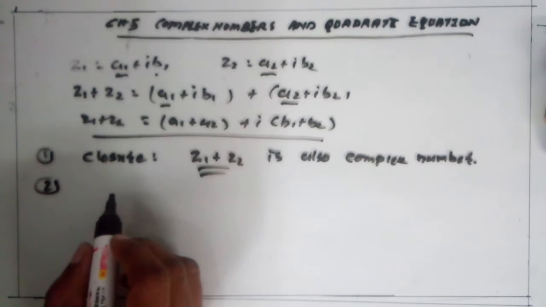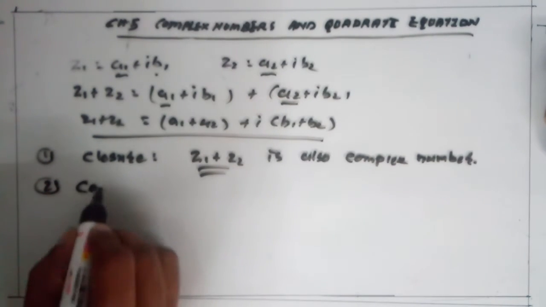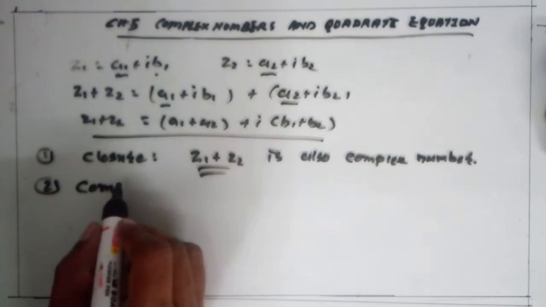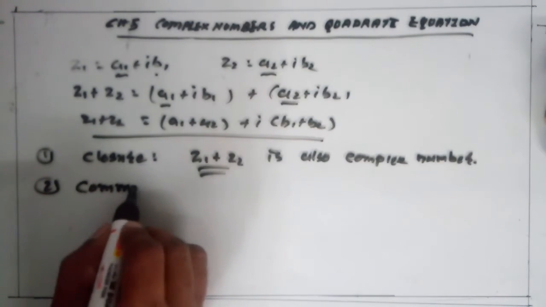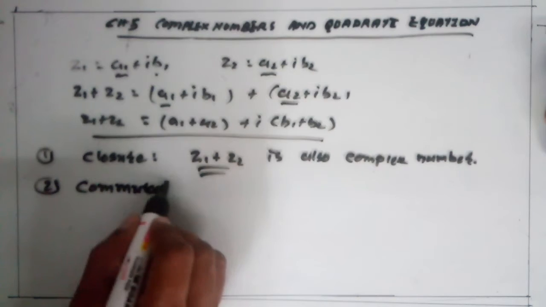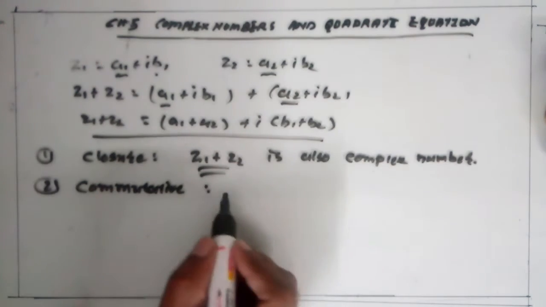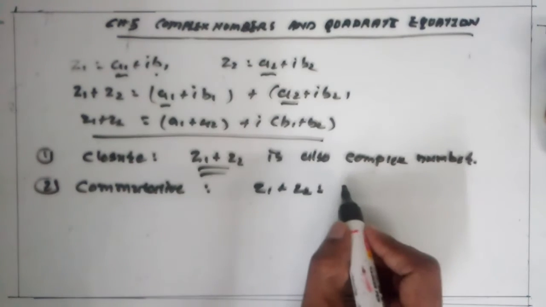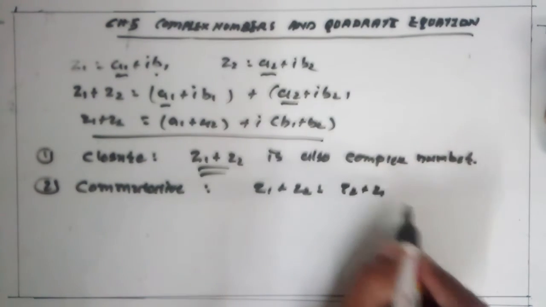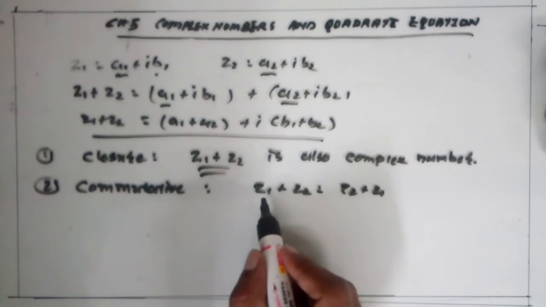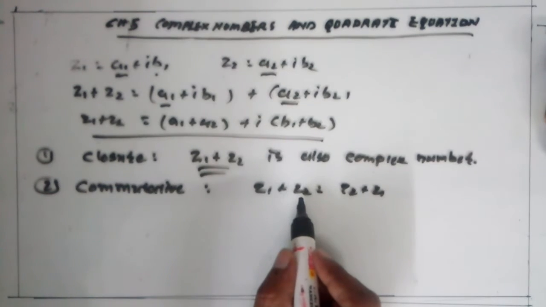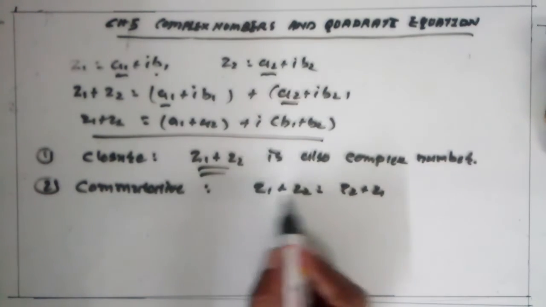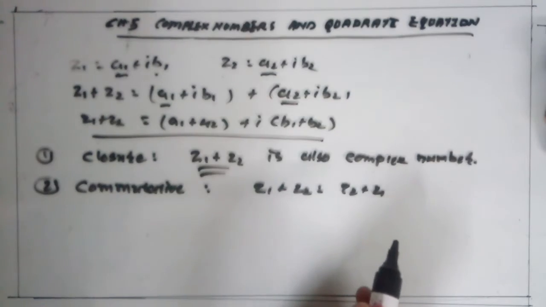Number 2, commutative law. z1 plus z2 is equal to, remember this, z2 plus z1. If we change the order of z1 and z2, then addition of two complex numbers does not change.